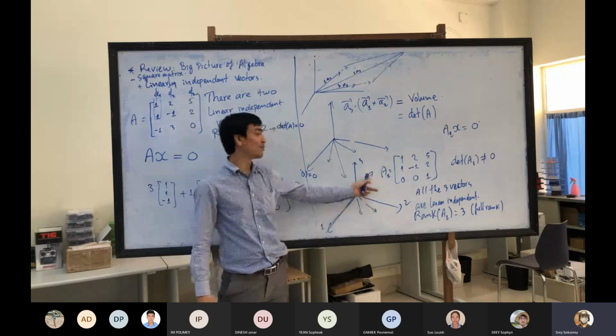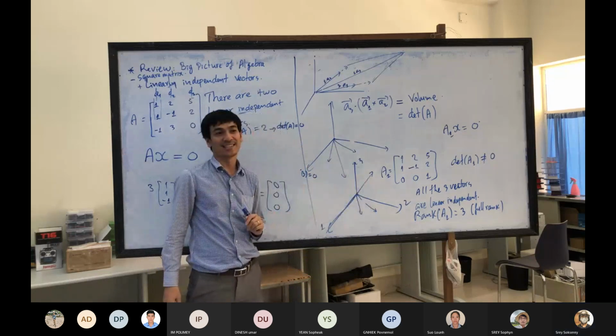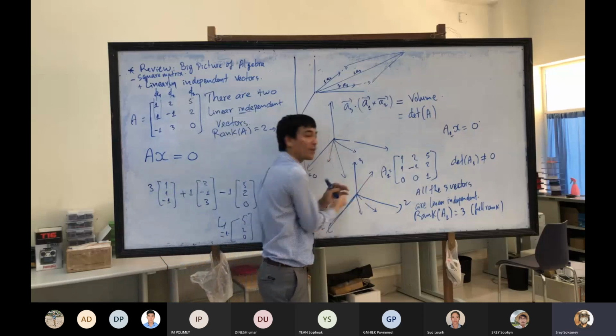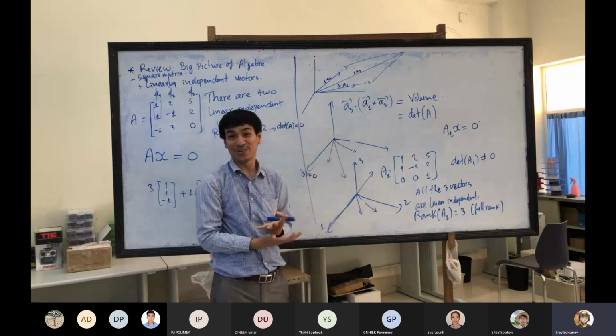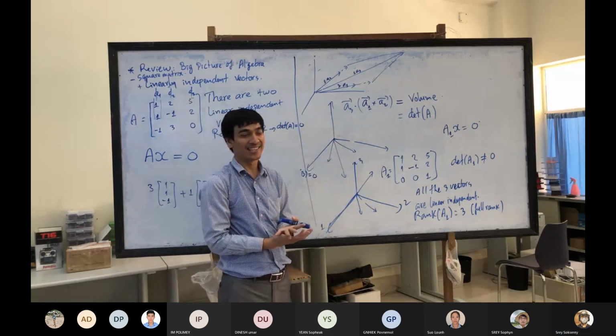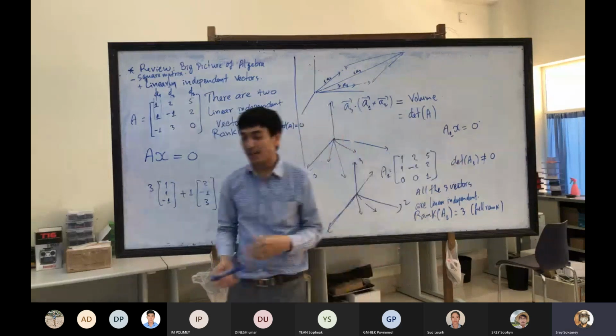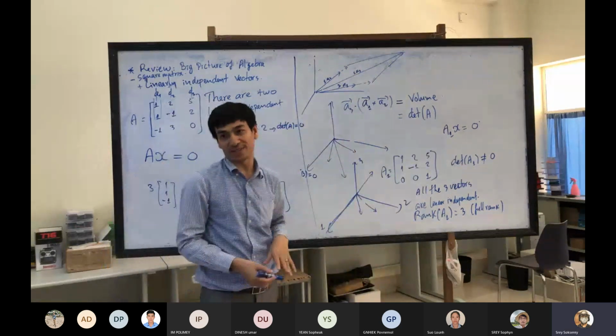A combination of these two to get this. So of course you cannot make a combination of all three to become 0, right? So for this one, the solution is only x equal to 0.